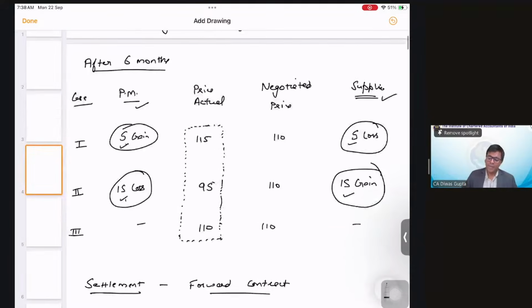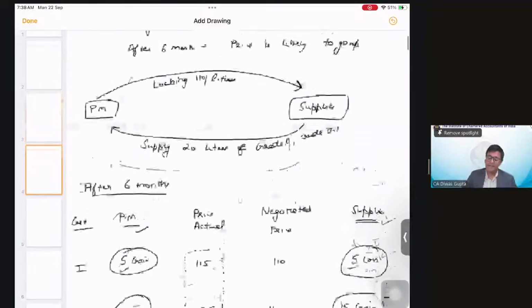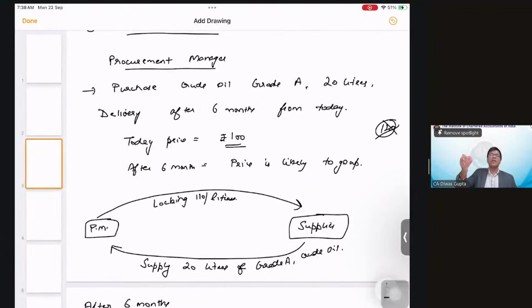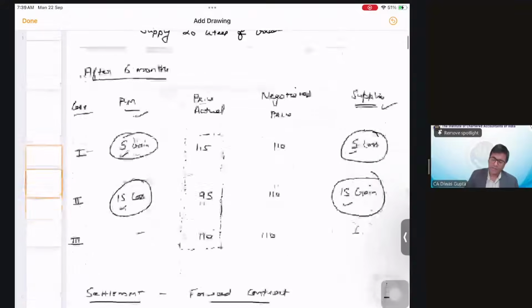The instrument is designed such that in future some buying or selling needs to happen. For that, the price is being fixed today and the actual execution will happen after 6 months, right?